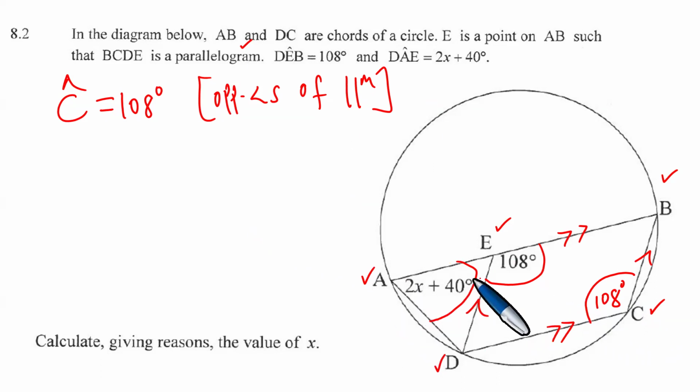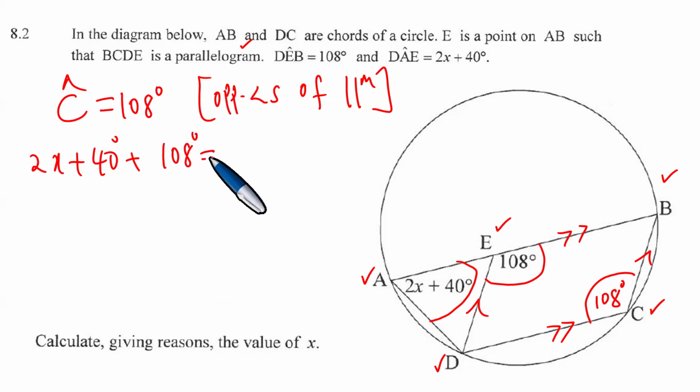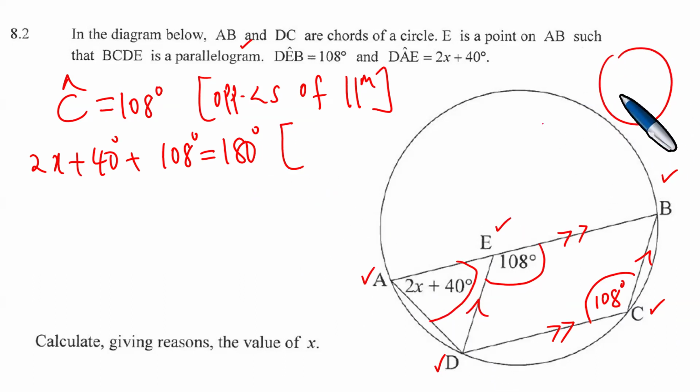Next, we have 2x plus 40 degrees plus 108 degrees. If you add these two, the result is 180 degrees. This is because of the property of the opposite angles of a cyclic quadrilateral.